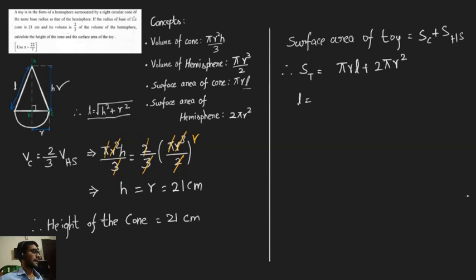Now we'll calculate the value of L from the formula under root h square plus r square, where h is 21 and r is also 21, which becomes under root 21 square plus 21 square, which equals under root 441 plus 441.